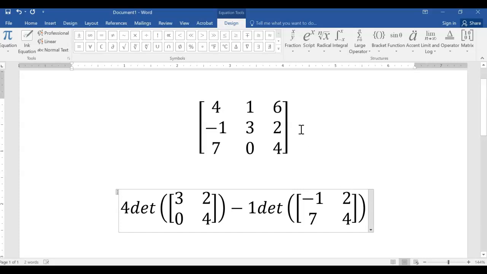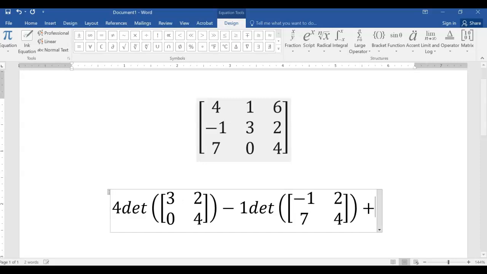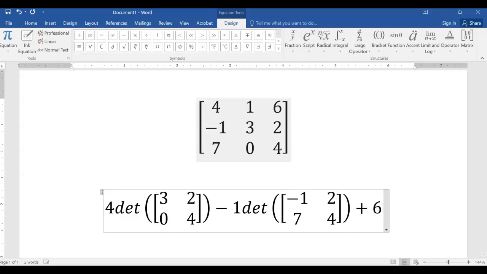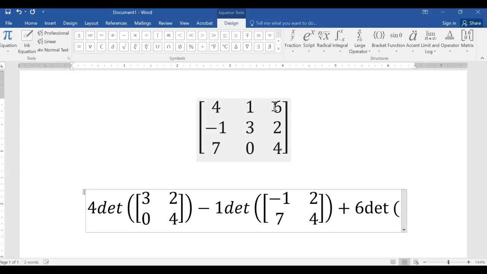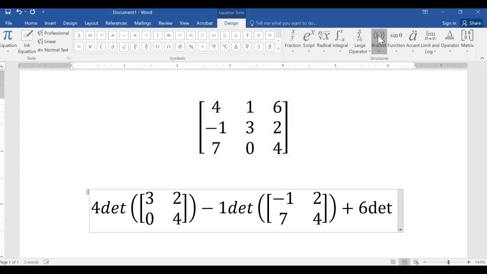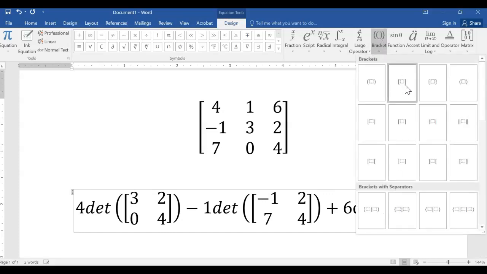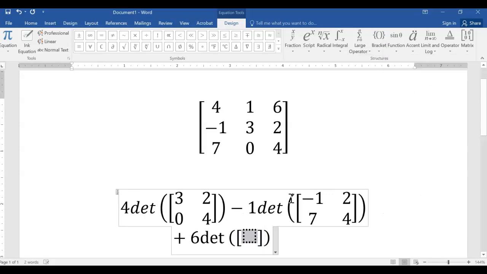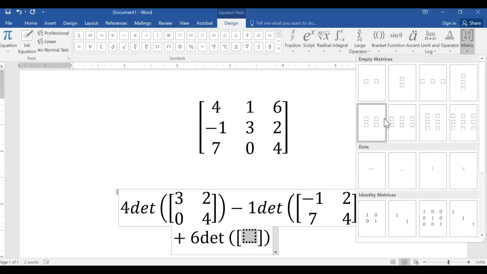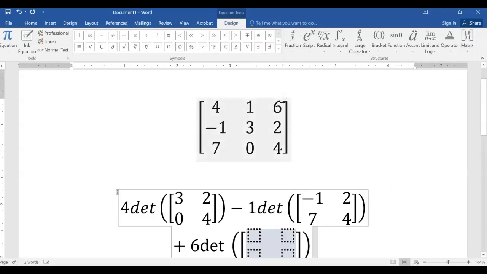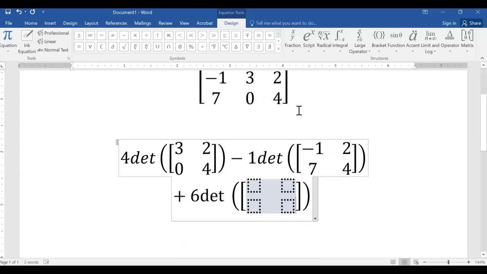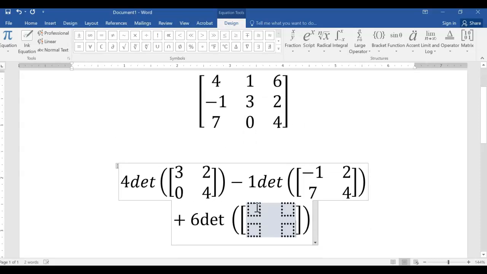And then lastly, the 6. This is in row 1, column 3. 1 plus 3 is even, so you're going to get a plus 6 times the determinant of the submatrix that we're looking for. Now, the submatrix in this case is going to be, if I eliminate column 3 and row 1, I'm left with negative 1, 3, 7, 0.